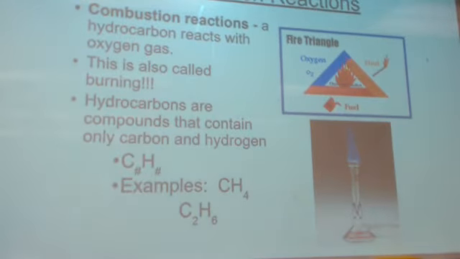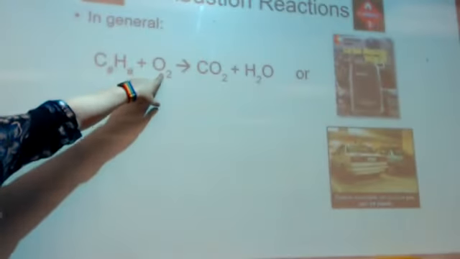So on the left side of the arrow. You have to have oxygen in order to burn. Without oxygen, you will not have burning. So that is another reactant. So you need a hydrocarbon and an oxygen as your reactants.